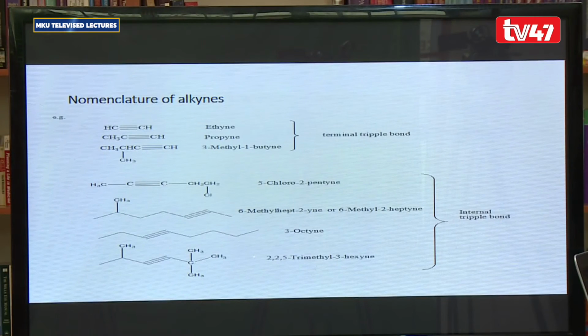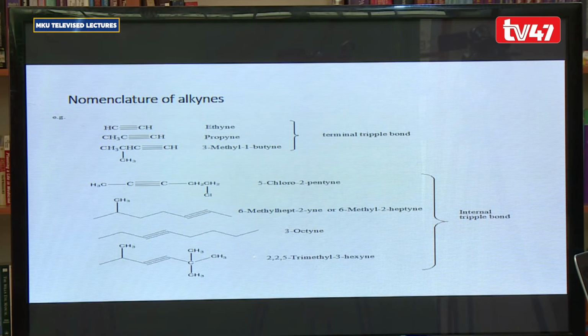But when the position of the triple bond can change, then we need to indicate the position of the triple bond. So if, for example, it is butyne and it has only one triple bond, then it can either be but-1-yne or 1-butyne, or but-2-yne, indicating that in the first case the lowest carbon number of the triple bond is 1, and in the second it is 2. Now, where you have substitutions, then you give the prefix of the substituents.